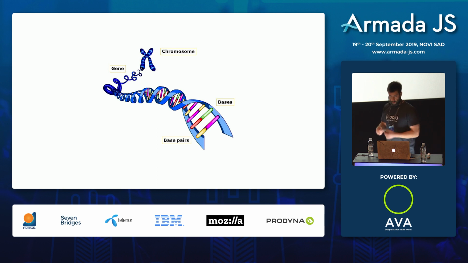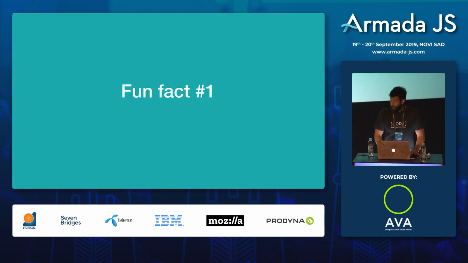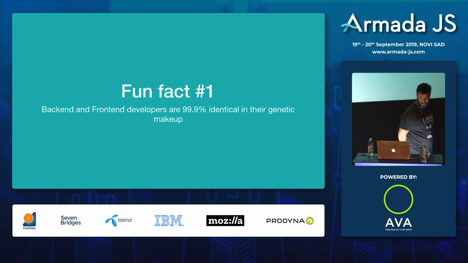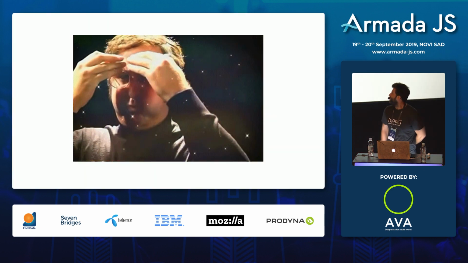They are always connected to the complementary base. Fun fact number one: backend and front-end developers are 99.9% identical in their genomic makeup. Everybody here is 99.9% identical, right?